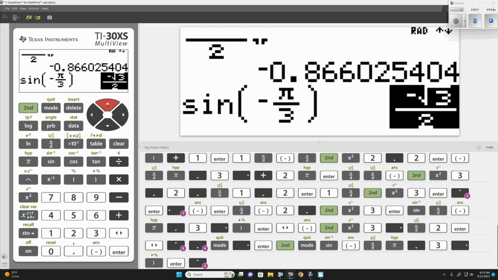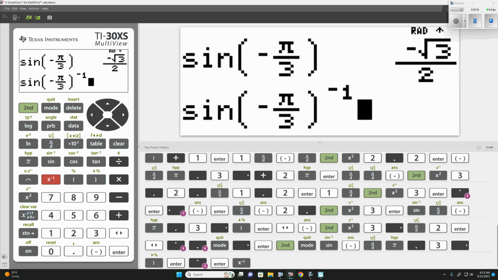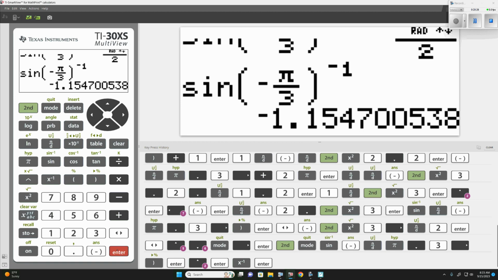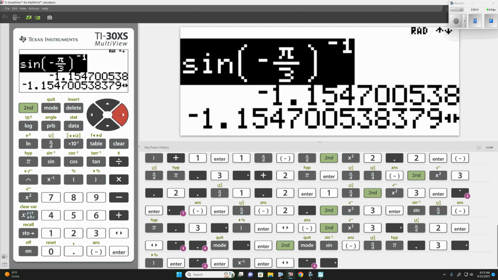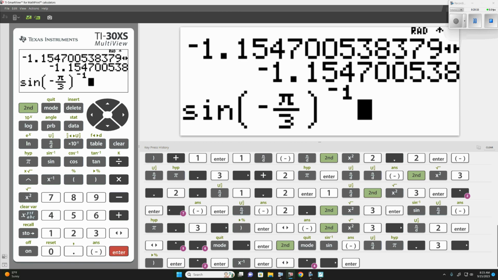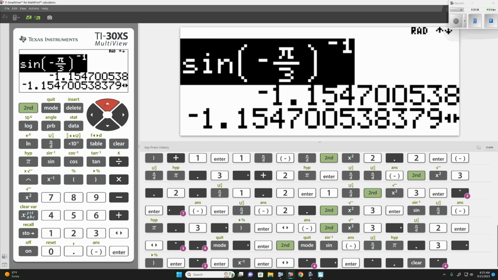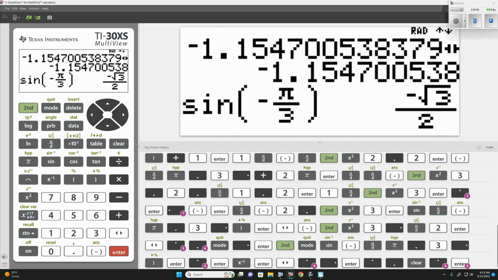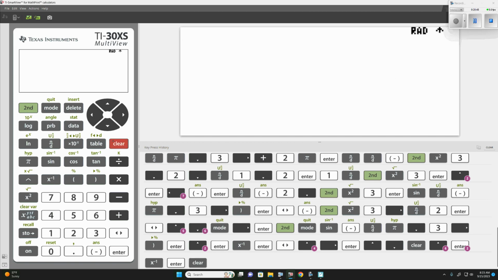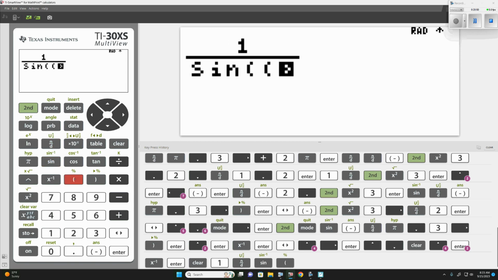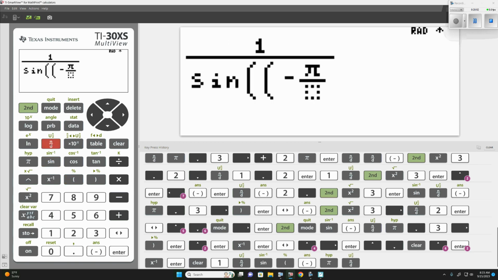And this is a little early, we'll see it again. If I put this to the -1, all right, it doesn't like it. Okay, let's clear that out. So here, enter, we get this. Yeah, we have to do it ourselves. Otherwise, 1 over sine of negative pi over 3.